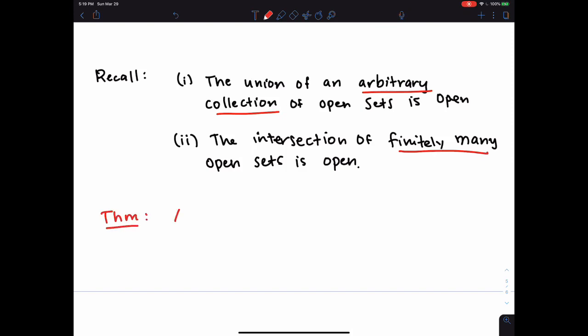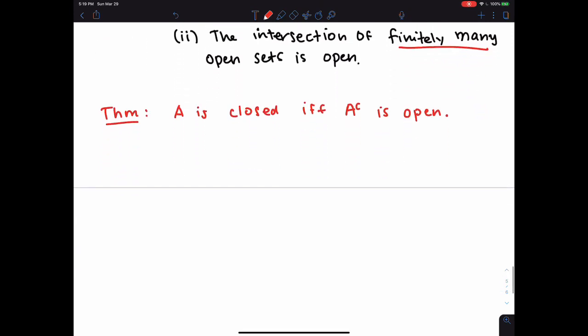We said that A is closed if and only if A complement is open. So if I want to be thinking about collections of closed sets instead, say I have A_n closed.